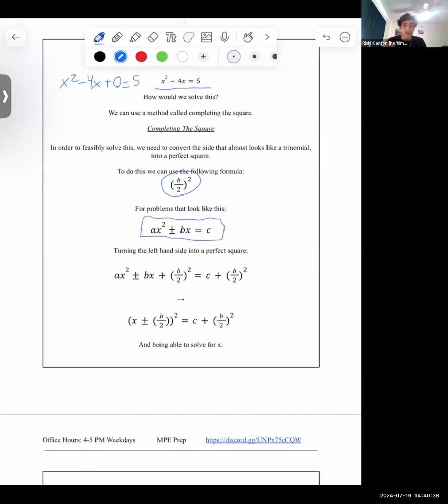Next, we are going to talk about this problem here. Any ideas? What does that look like to you? X cubed plus 125. All right, I'm seeing in the chat we have sum of cubes. Yeah, that's right.